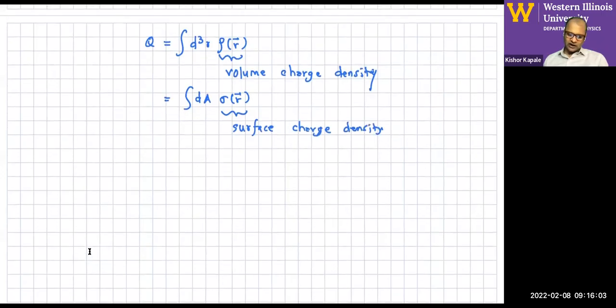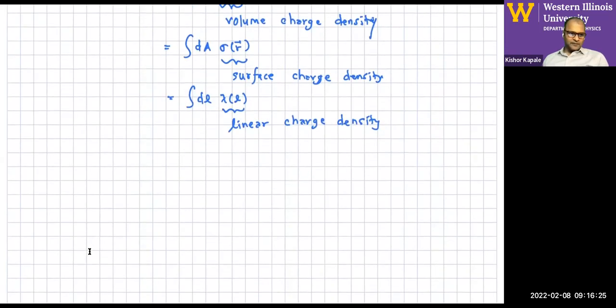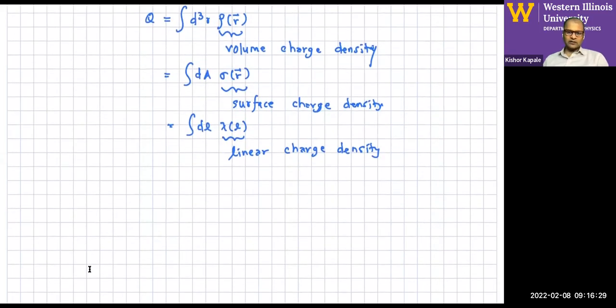You can have a linear charge density. Then you would just have a line integral. Let's call it lambda of L, because L is now our quantity, the length coordinate rather. And so you can write those kinds of things down.